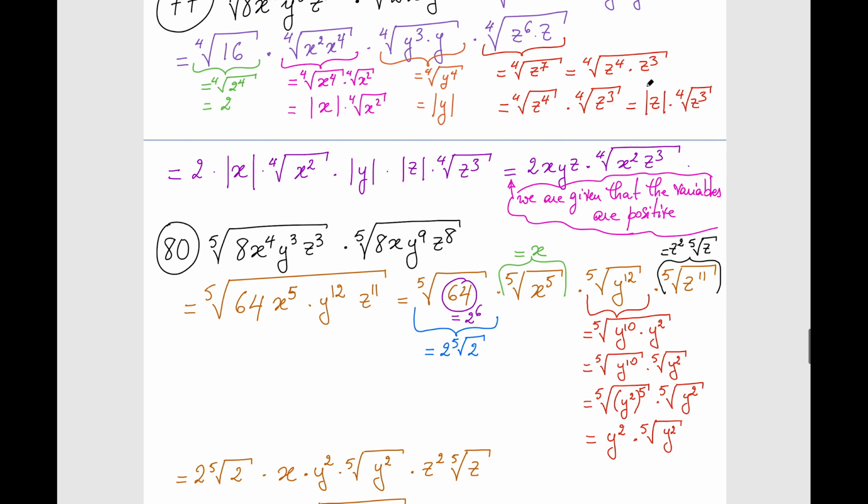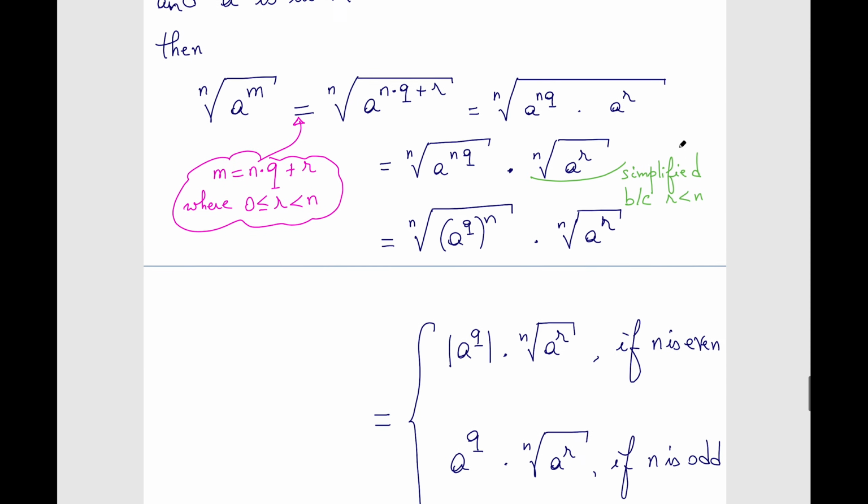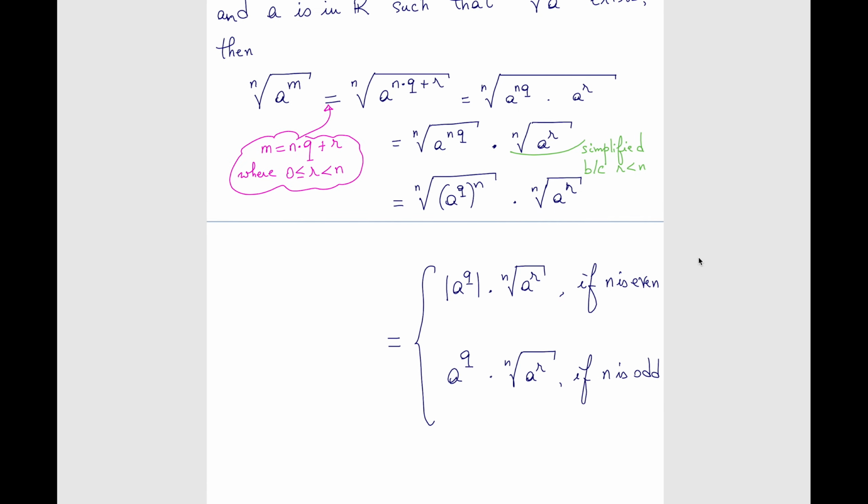Correct? So this is the abstraction of the whole process, and you can employ it anytime you want, or you can redo it every time you need it. Okay. All right. So this is the end of the section.